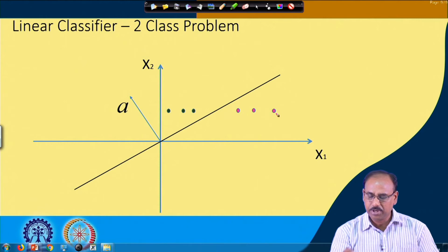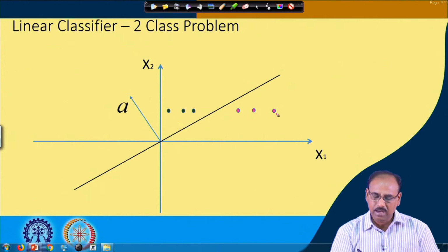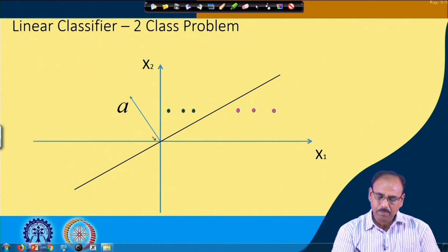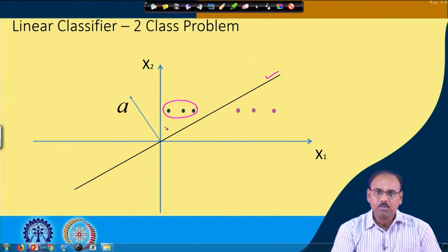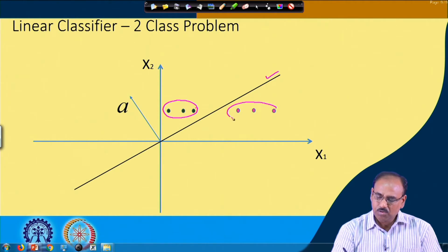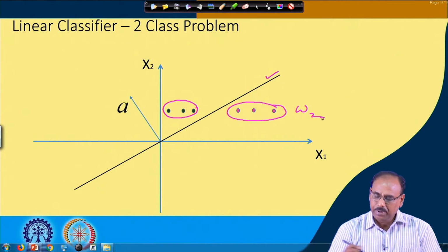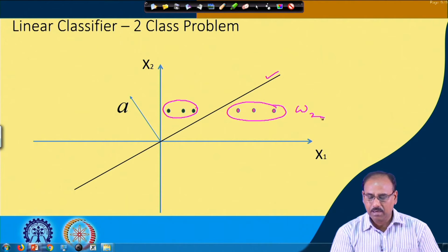This will be the arrangement of feature vectors, and A being orthogonal to my separating plane, the vectors which belong to class omega 1 appear in the positive half space of the separating plane, and the vectors which belong to class omega 2 appear in the negative half space in my feature space.